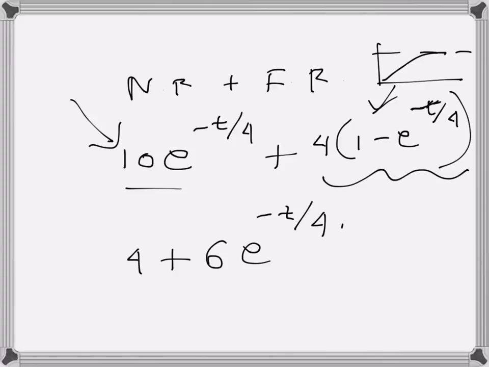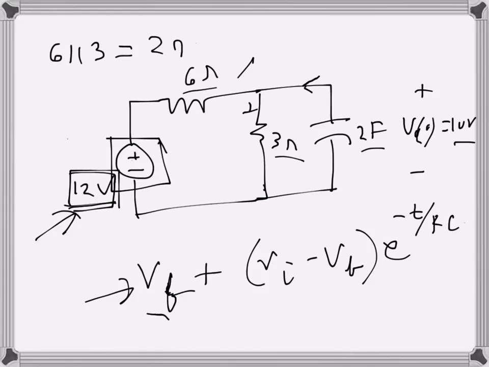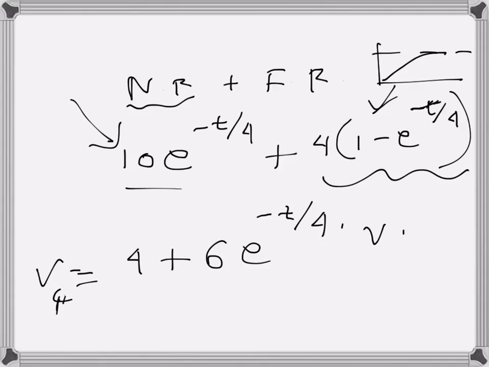So we can use one of these formulas to find the voltage across the capacitor. So we can use either of the two formulas. One is final value plus Vi minus Vf, multiplied by the exponential term, or we can use the natural response plus the forced response. The natural response is the discharging expression, when there is no source and the capacitor simply discharges.